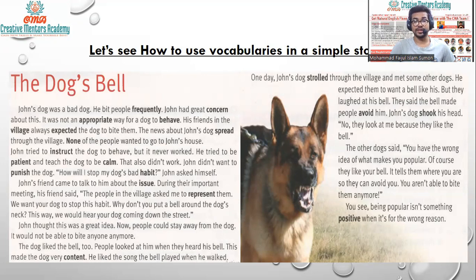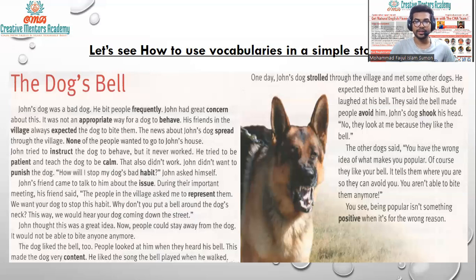The other dogs said, "You have the wrong idea of what makes you popular. Of course, they like your bell. It tells them where you are so they can avoid you. You aren't able to bite them anymore. You see, being popular isn't something positive when it's for the wrong reason."